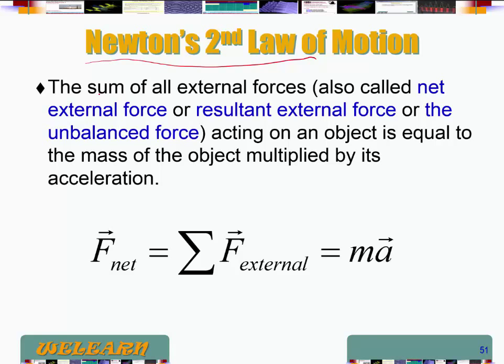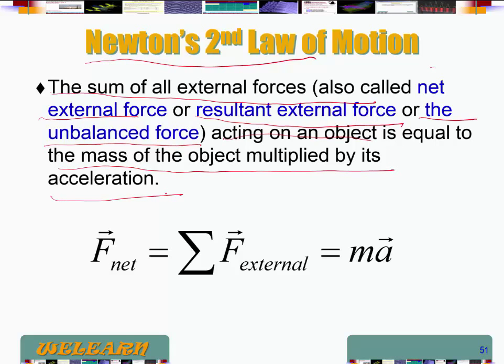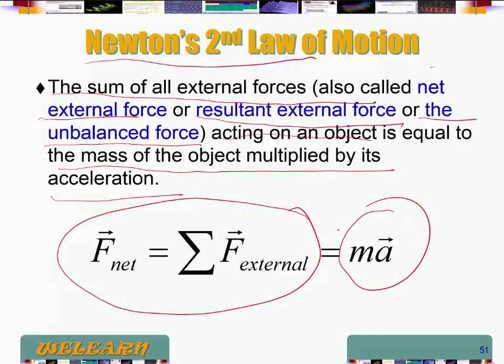But for now, it says the sum of all external forces, which is called net external force, also called resultant external force, also called the unbalanced force acting on an object, is equal to the mass of the object multiplied by its acceleration. So that net force is equal to the mass of the object times acceleration.